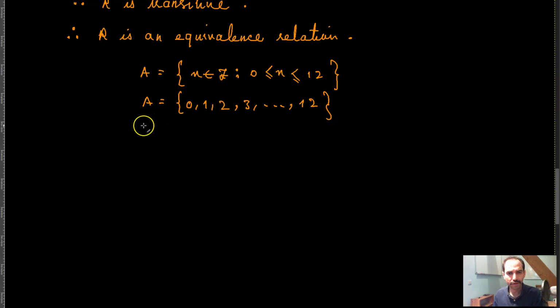And the relation that we had was R equal to the ordered pairs a comma b such that a is equal to b.